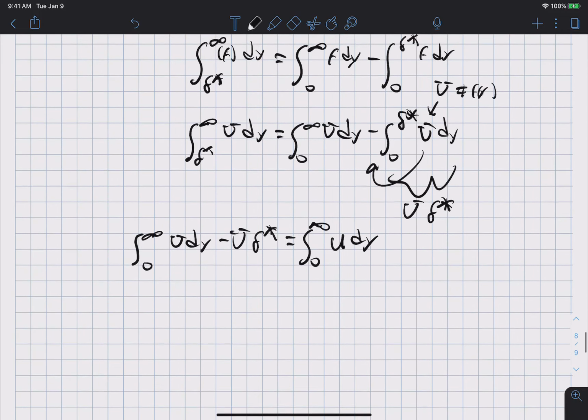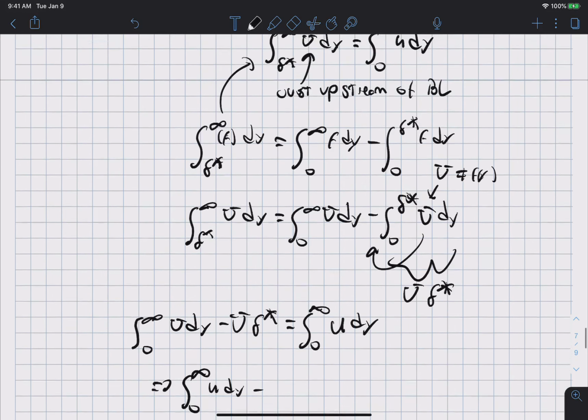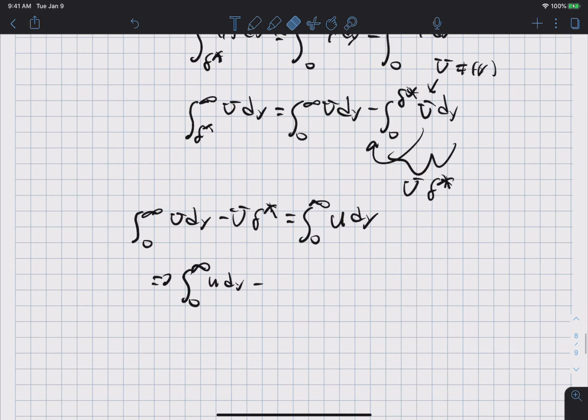And this implies, again, U is constant, so I can move it in and out of the integrals at will, that the integral from 0 to infinity of cap U dy minus the integral from 0 to infinity of small u dy, where small u is the velocity profile in the boundary layer, equals cap U delta star.